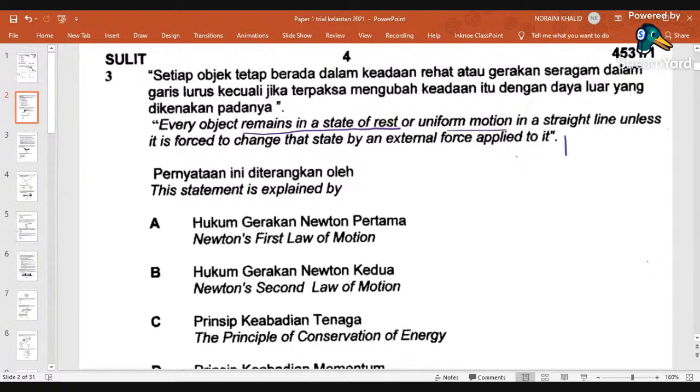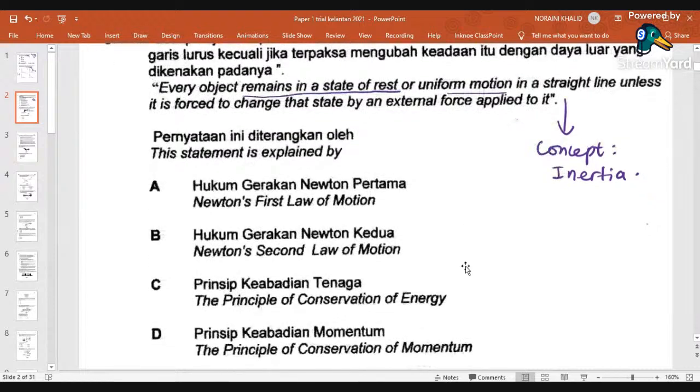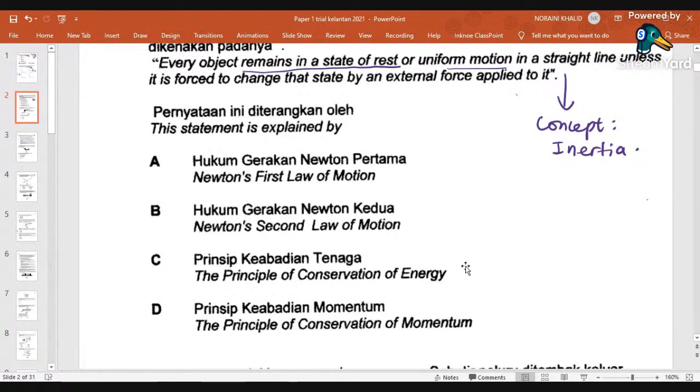So this is something about concept of what? Inertia. This is the concept of inertia. So the related law to the inertia is Newton's first law of motion, or also known as law of inertia. Okay, so answer is A.